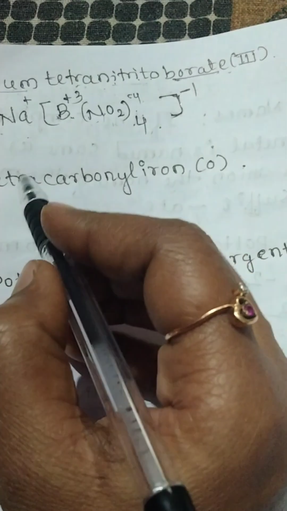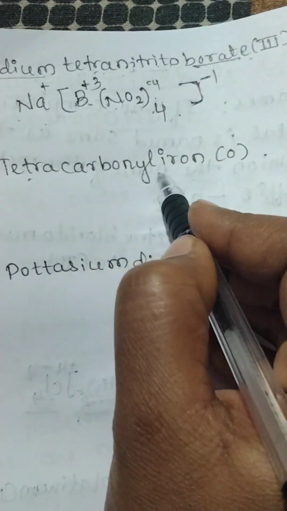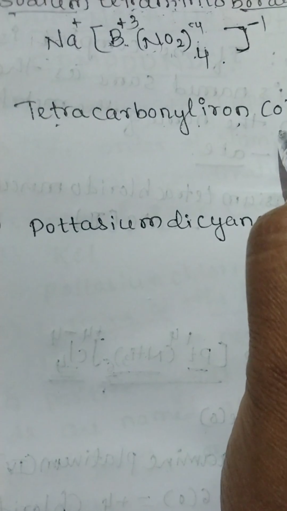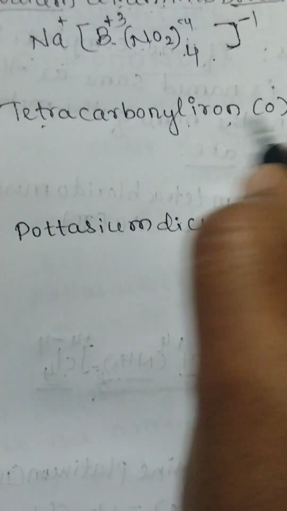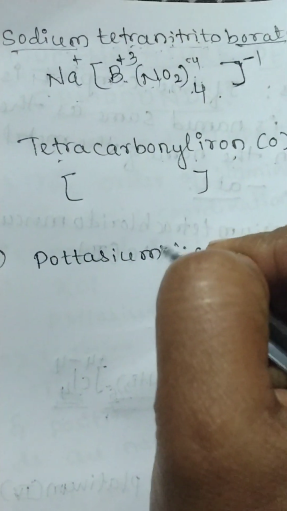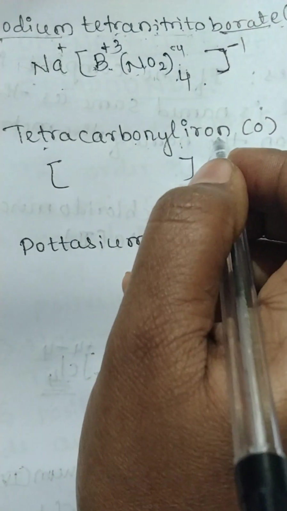Similarly, here tetracarbonyliron. So the oxidation state is 0. Okay, here it is a neutral complex, so directly I will put the coordination sphere. So tetracarbonyliron.